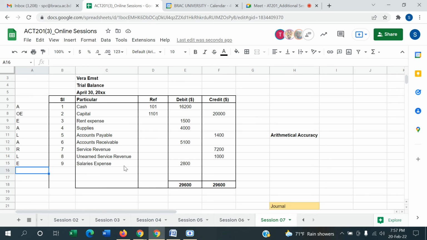These types of information can also be grabbed from the trial balance. That is also another advantage of preparing a trial balance.